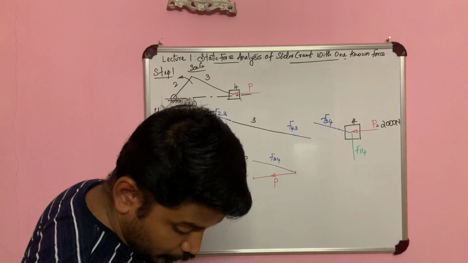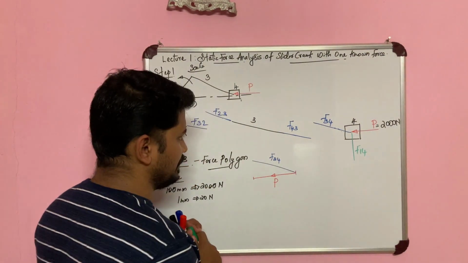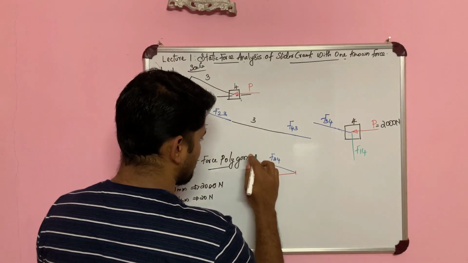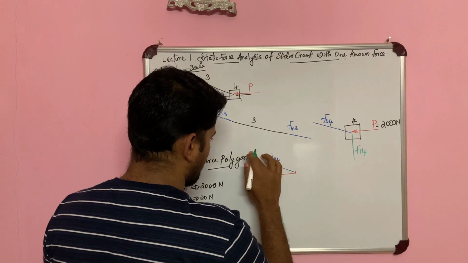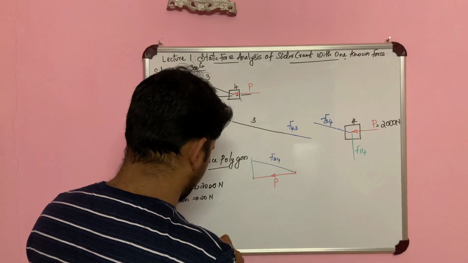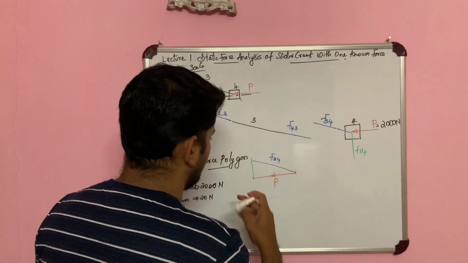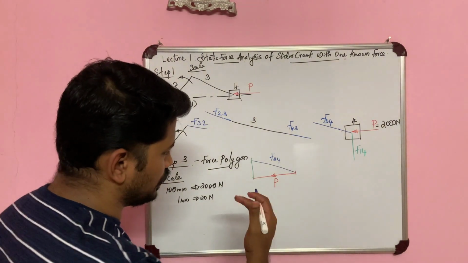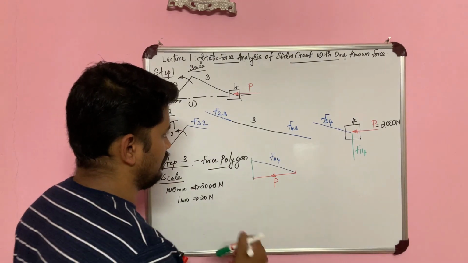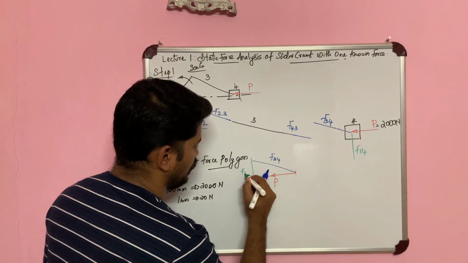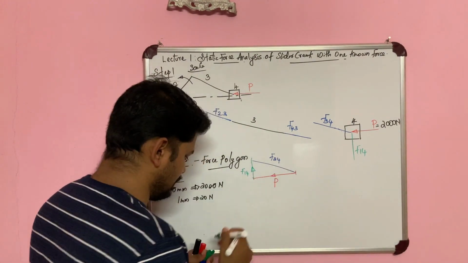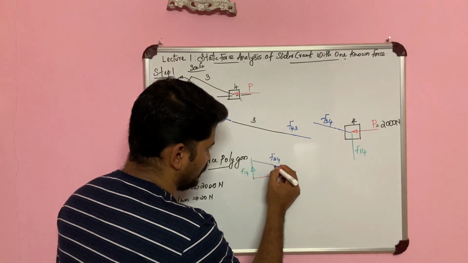So F14 I'm going to draw from the other side of P, parallel to this. I don't know the direction of any of these forces, right? So this is F14. So F14 is going to act in this direction and F34 is going to act in this direction.